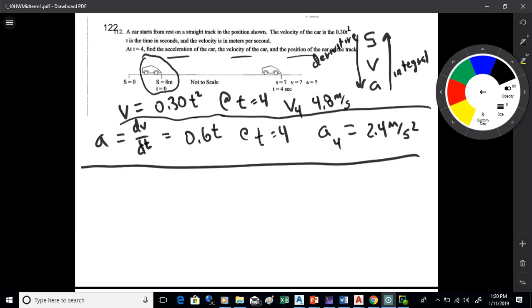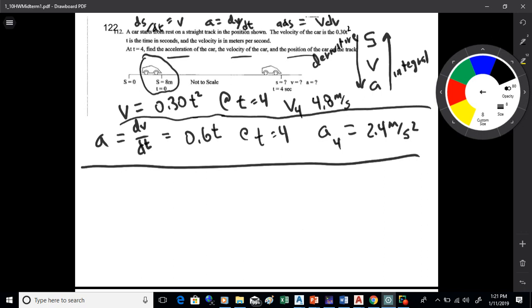So what I'm going to have to look at are the available ways I have to get that, and I'm in variable acceleration. So what I've got are these different relationships. I've got ds dt is equal to v, I've got a is dv dt, and I've got a ds is v dv. Okay, those are the three relationships that I can work with.